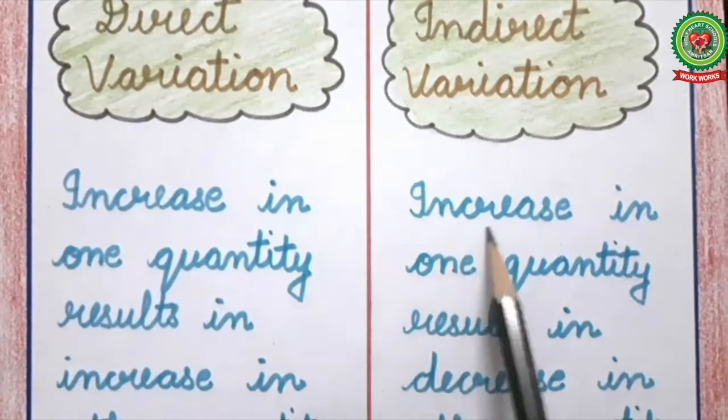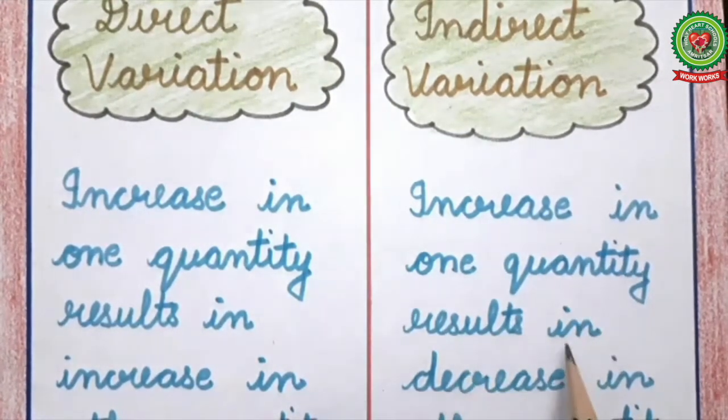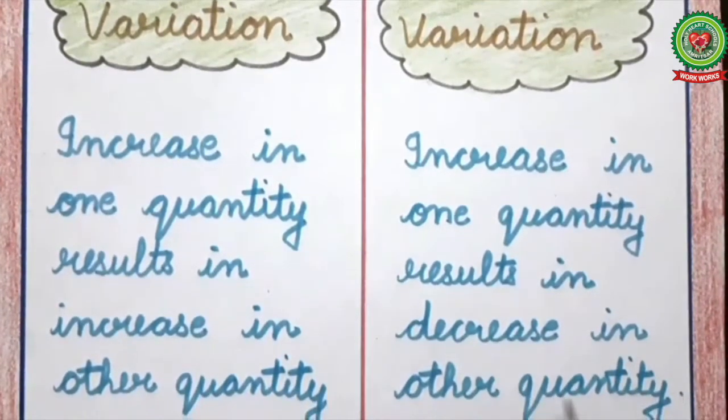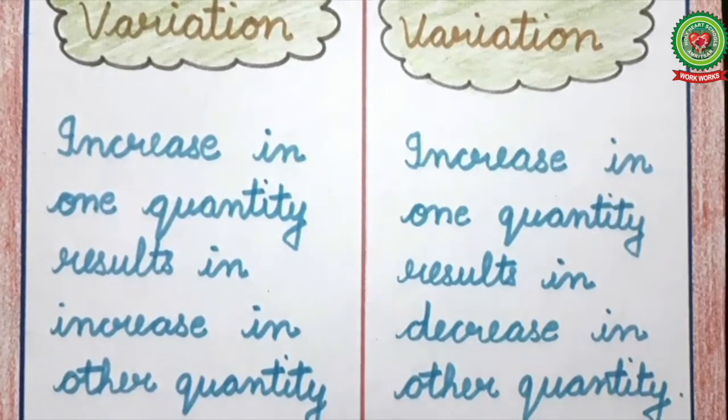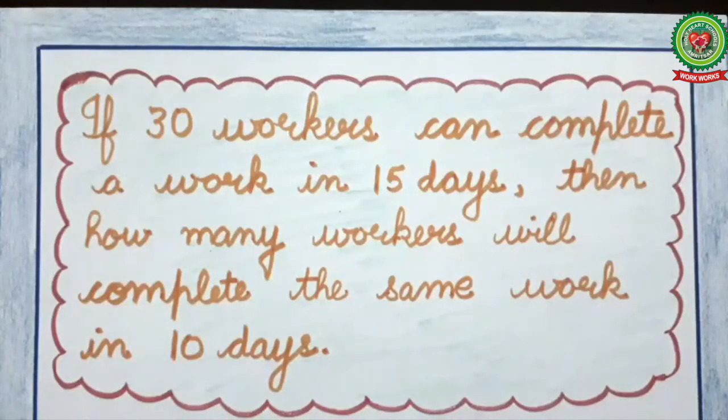On the other hand, increase in one quantity resulting in decrease in other quantity is called as indirect variation. Now, for solving the questions of direct and indirect variation, firstly you have to recognize that the situation given in the question is of direct variation or indirect variation. Now, let's start with the questions of indirect variation.